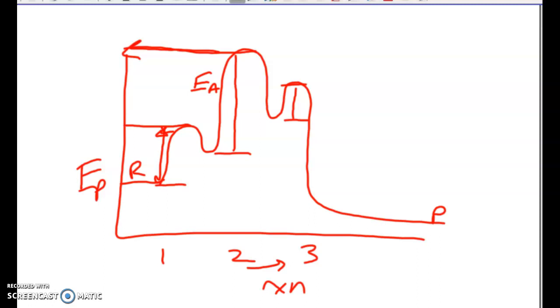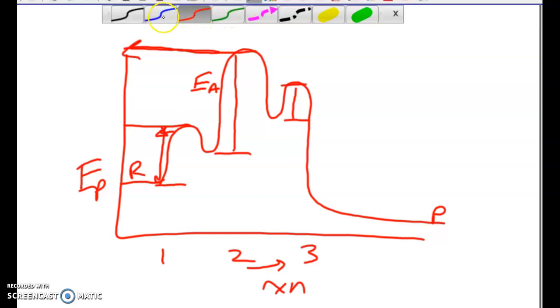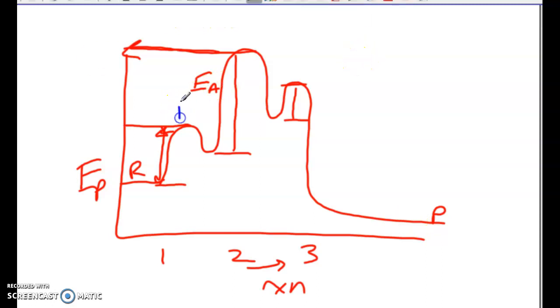Okay, everyone. So looking at this mechanism, let's talk about rates now. The reaction step that is the slowest step is really what determines how quickly this entire thing goes down. For us here in this reaction, let's say step 1, step 2, step 3.